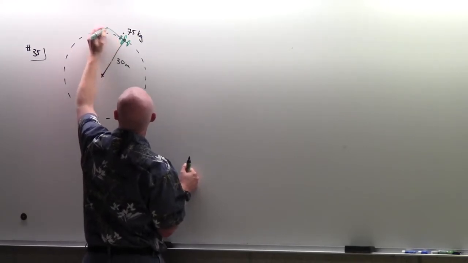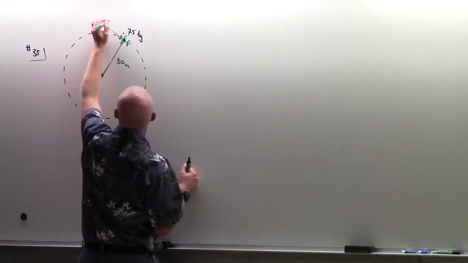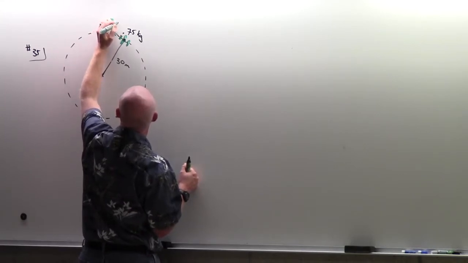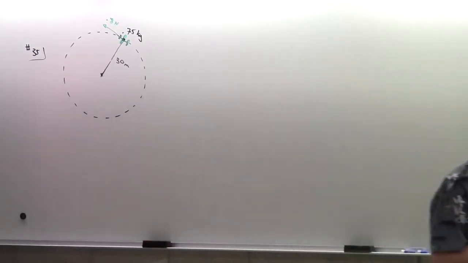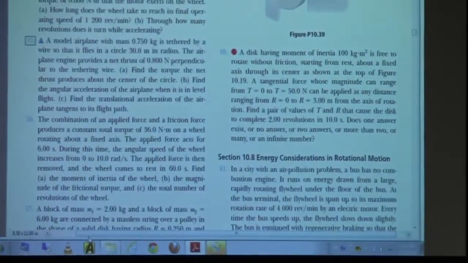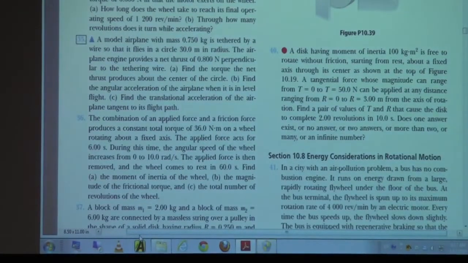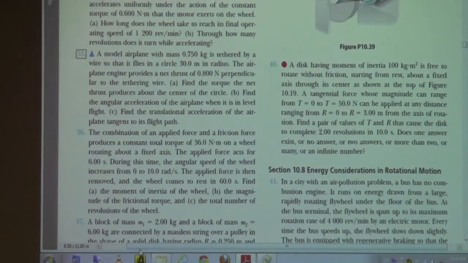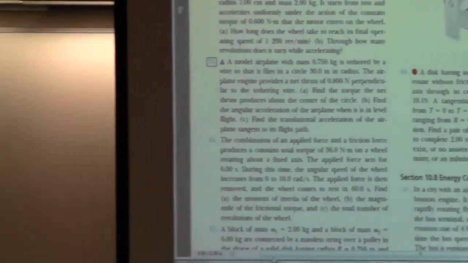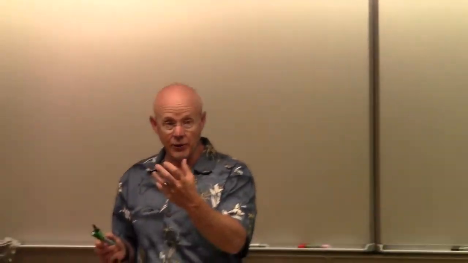Maybe I'll set it up so that the airplane is going in a counterclockwise direction. Like I said, we probably could have picked any direction. They do say, if you look carefully, net thrust. That means as it moves through the air, there's a combination of the thrust from, say, the little propeller it has, but also the air drag. But this has a net thrust.